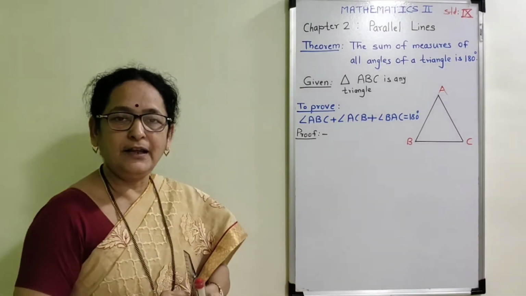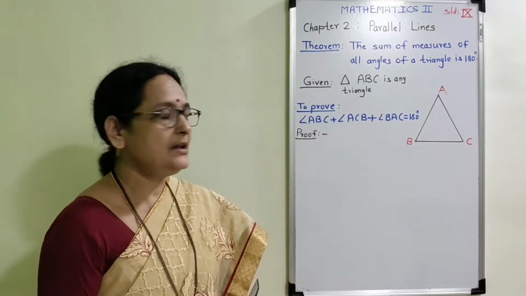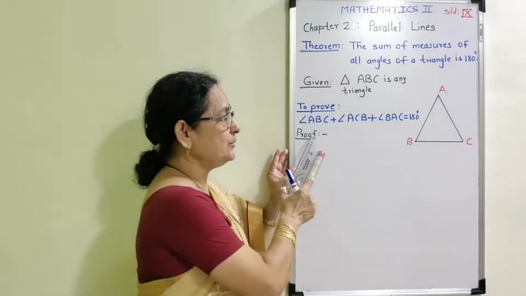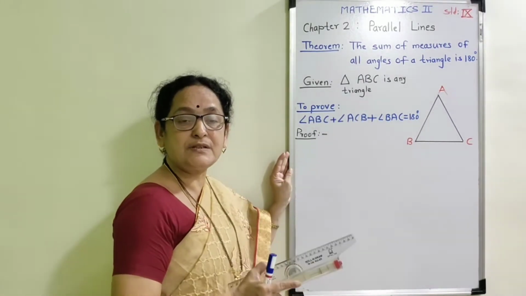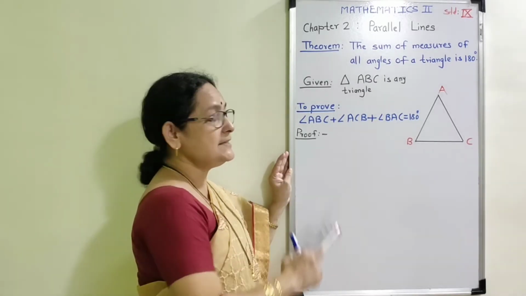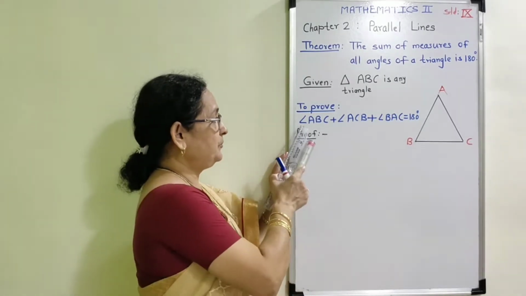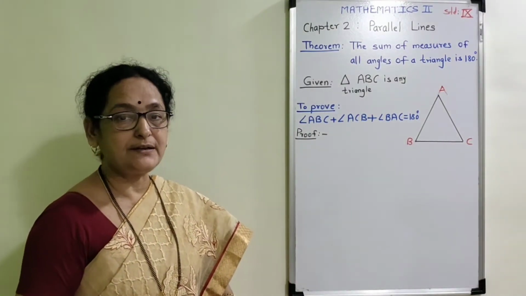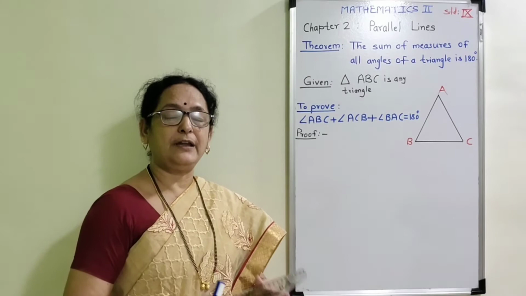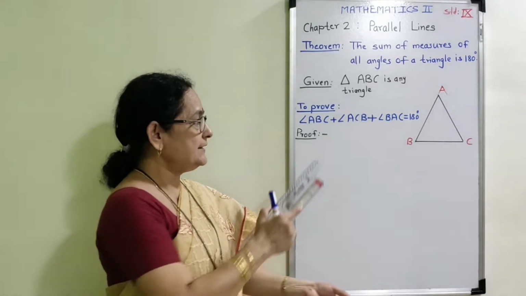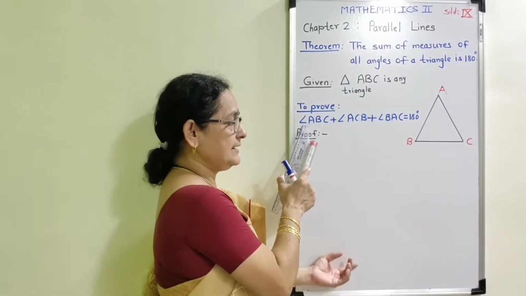I have taken an acute angle triangle, triangle ABC, and I am going to prove that the sum of measures of all the three angles of this triangle ABC is 180 degrees. If you write the angles by single vertex, then it is also correct. But in our textbook, they have given the names of angles by three vertices. That's why I have taken it like this.